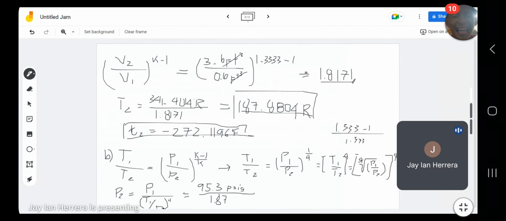So T1 all over T2 is just the same as this ratio, which is 1.817, but raised to 4 natin to.